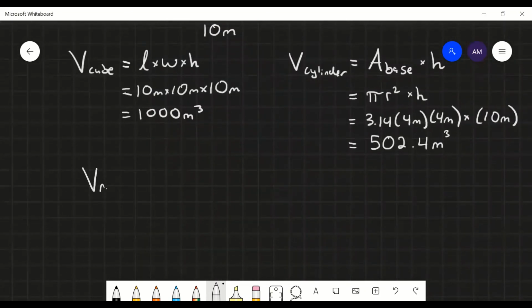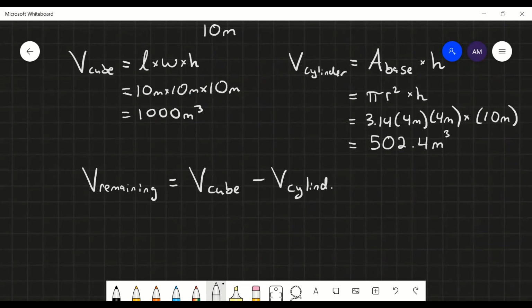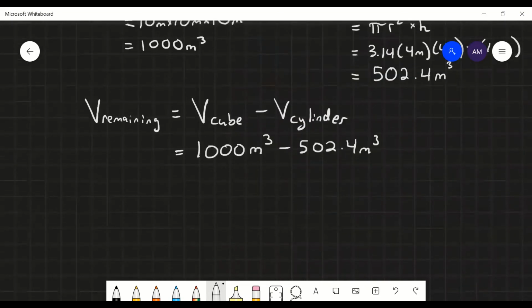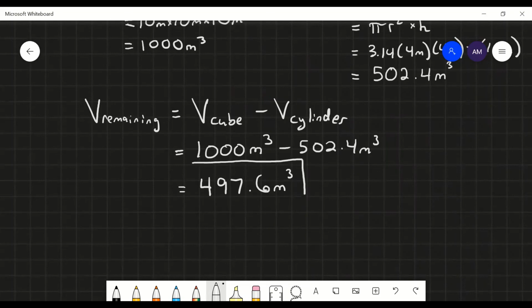So the volume remaining would be the volume of the cube minus the volume of the cylinder, which would be 1,000 meters cubed minus 502.4 meters cubed. This results in 497.6 meters cubed.